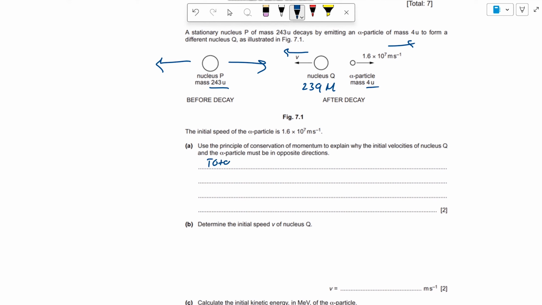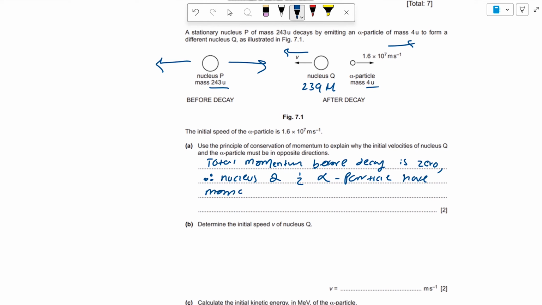So total momentum before decay is zero. Therefore, nucleus Q and the alpha particle have momentum in different directions.